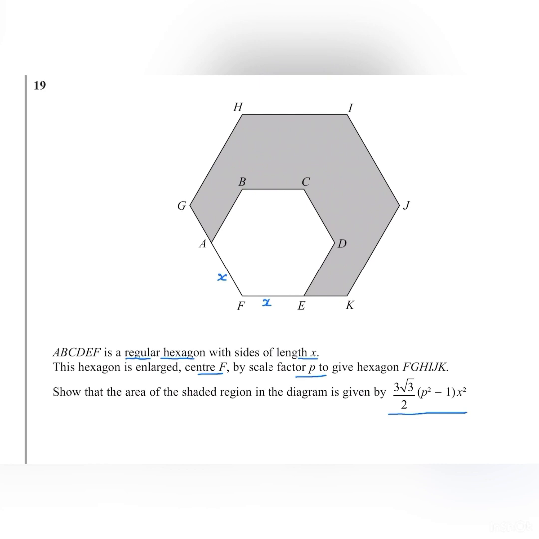Now, a few things to note here. When you find the area of the shaded region, the shaded region is always the bigger area. So the area of the bigger hexagon, take away the smaller hexagon or the smaller area, will leave us with the shaded region.